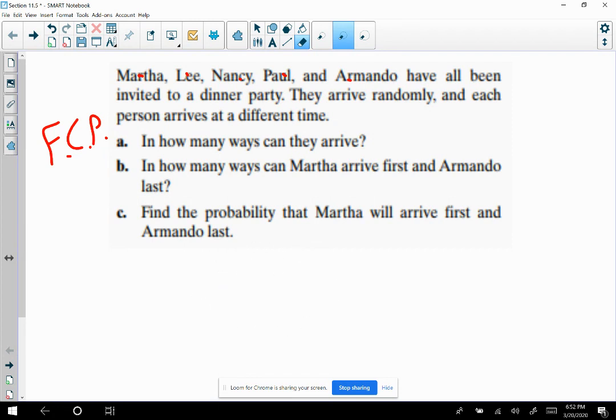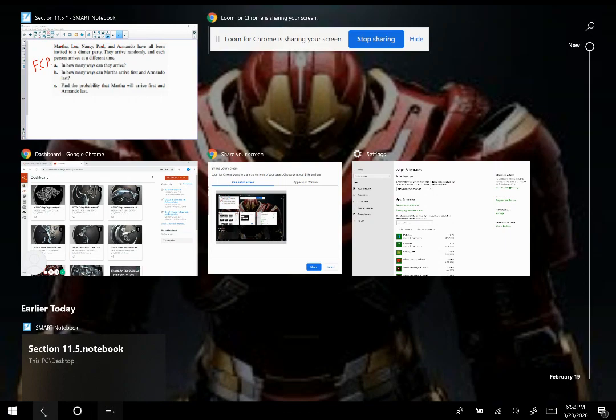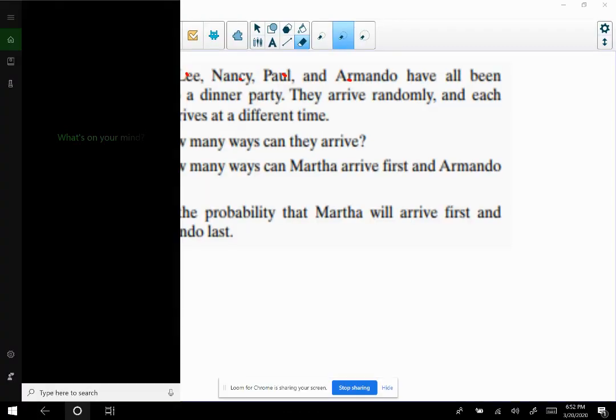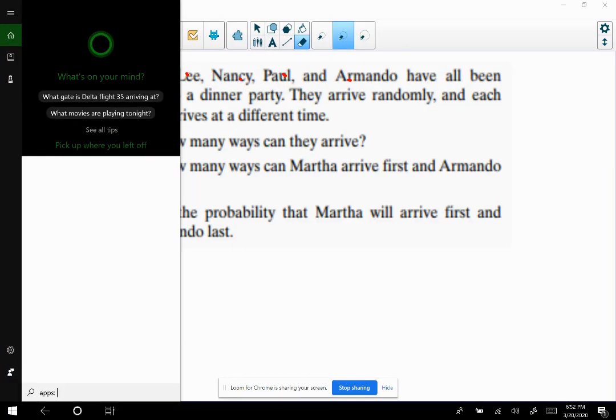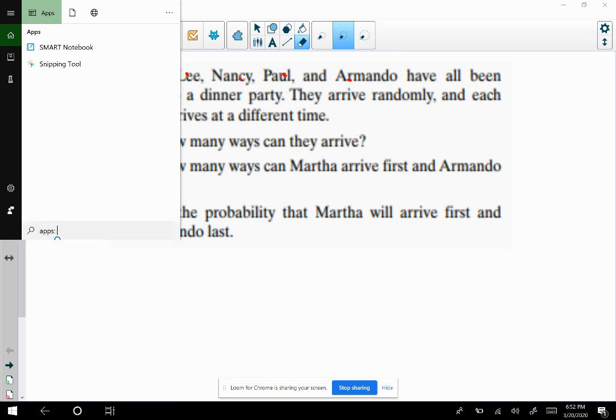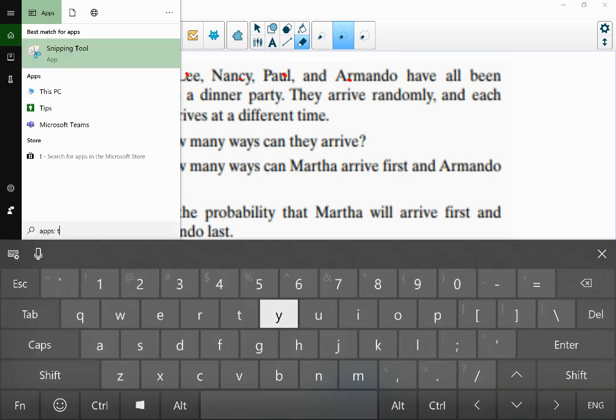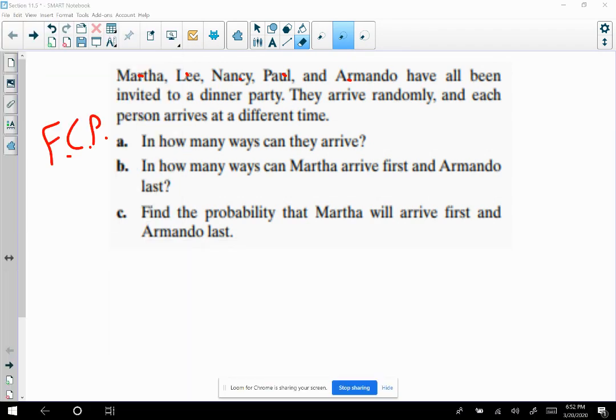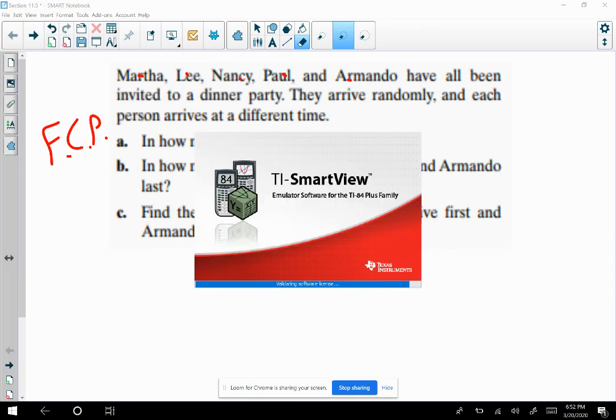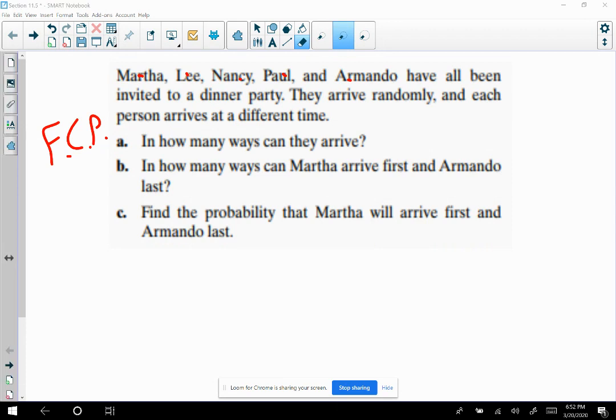Okay? So I almost forgot to bring up this application. I'm going to bring up our calculator. Okay? So we need to bring up the TI Smart View. There it is. So we'll have this open up real quick.